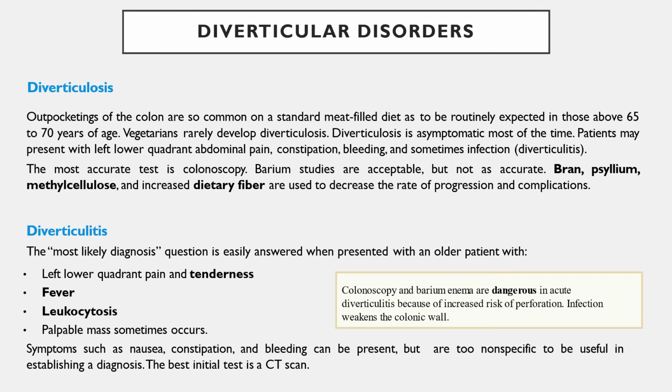Bran, psyllium, methylcellulose, and increased dietary fibers are used to decrease the rate of progression and complications.